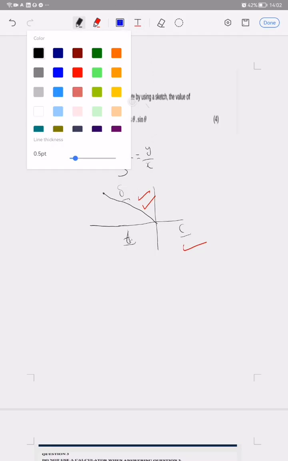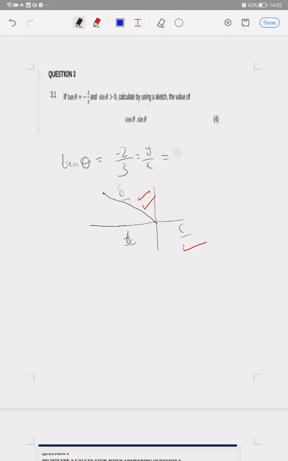So I can rearrange this drawing. It can be 2/-3. All right, because I know my x values here are negative, so it's going to be a -3 and a 2.